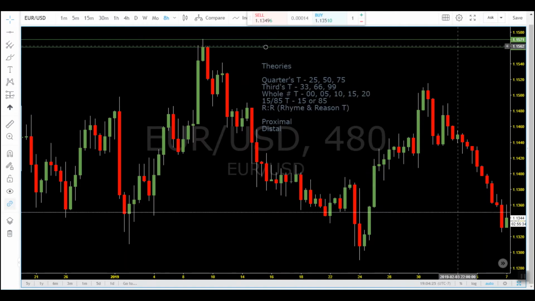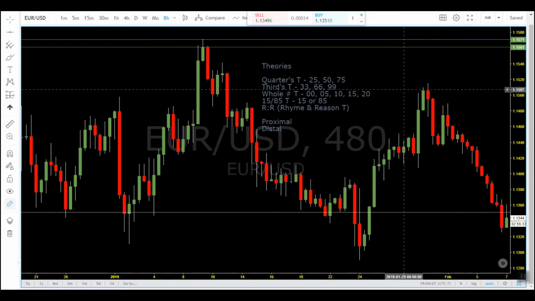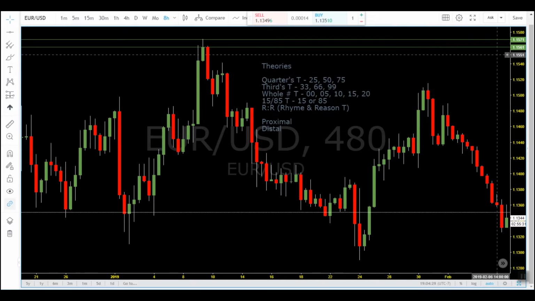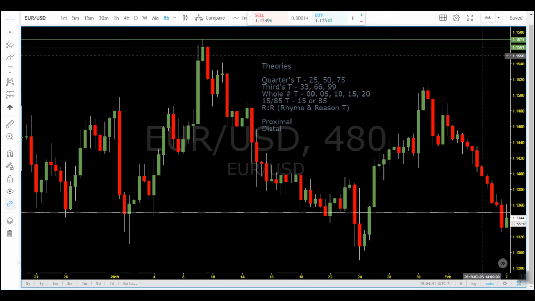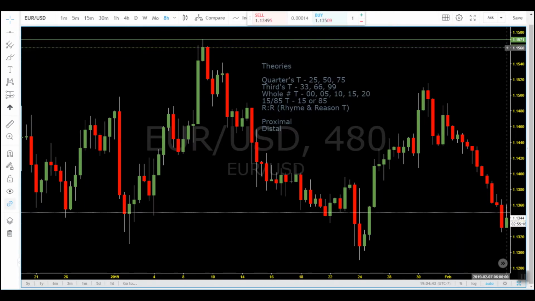Now, this particular zone is identified, and I've come to believe that this is the area using rhyme and reason. What do I mean by that? Well, the top line ended in a 71. I got the right ask price here, and I'm looking at this, and the very top of that wick is at 71, which doesn't fall in line with any of these other theories, so it must be a part of rhyme and reason.